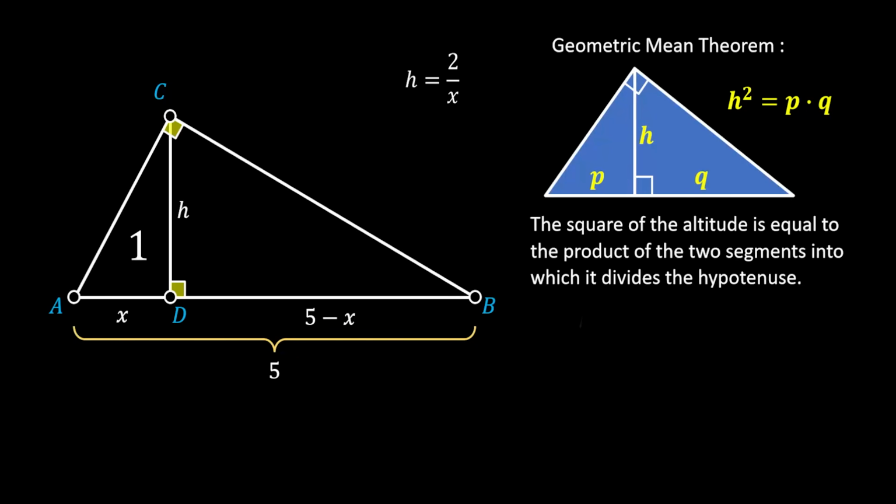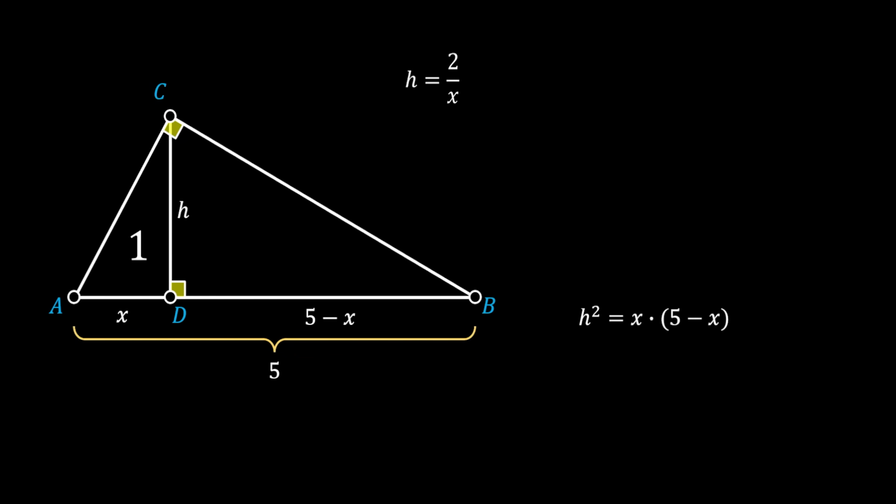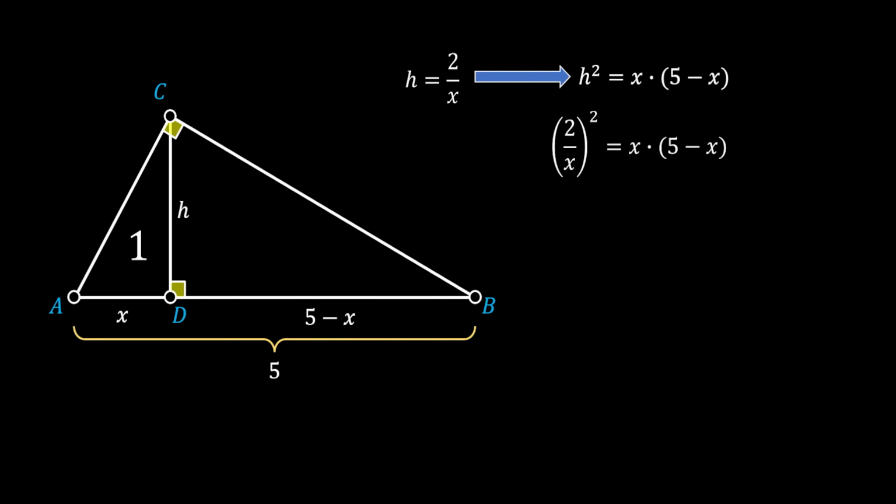As you can see, we can use this theorem and say that h squared equals the product of the segments x and 5 minus x. Great. So now, we can just use this equation and substitute the value of h and get the following.